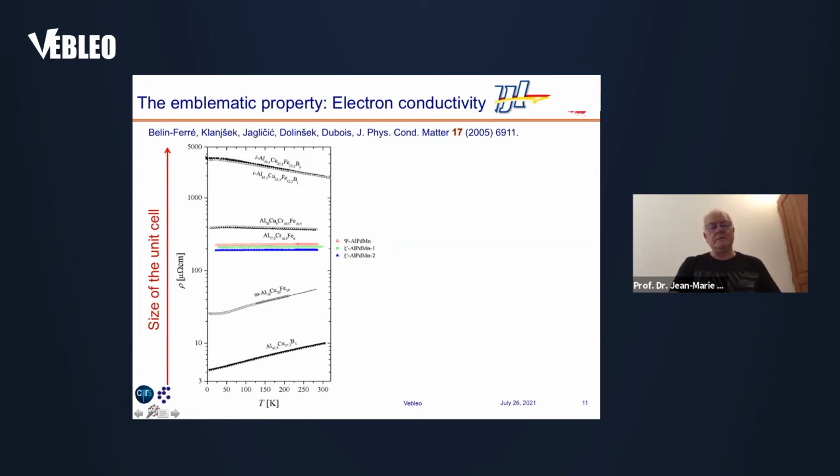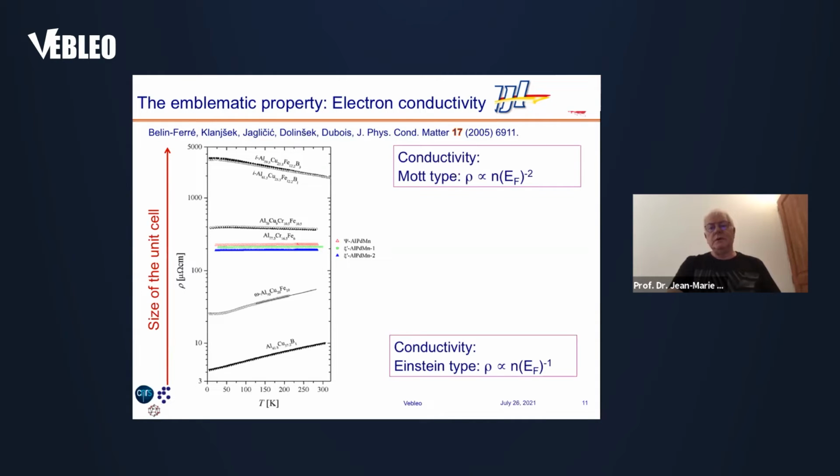Low temperature resistivity is high, and the temperature coefficient of the resistivity is negative. And in fact, the conductivity changes from an Einstein type regime to a hopping type regime, depending on the size or number of atoms in the unit cell. So this is a very emblematic property of quasicrystals, which you find in all types of metallic quasicrystals known so far.